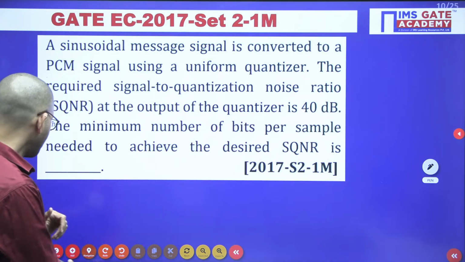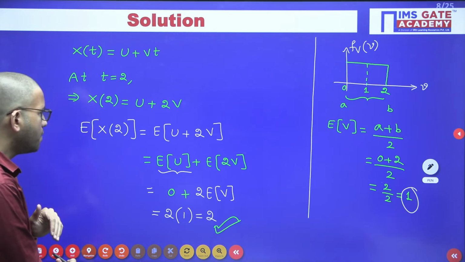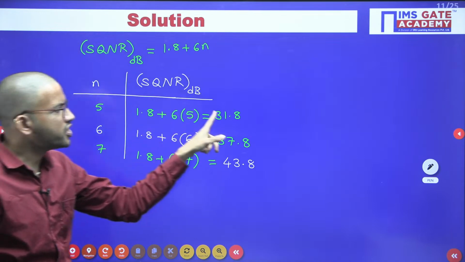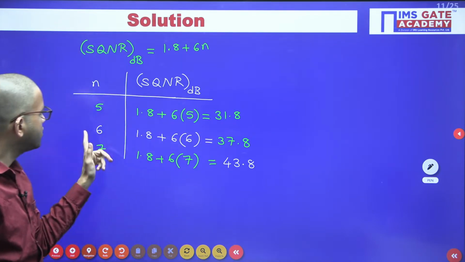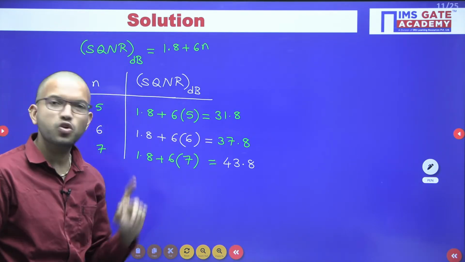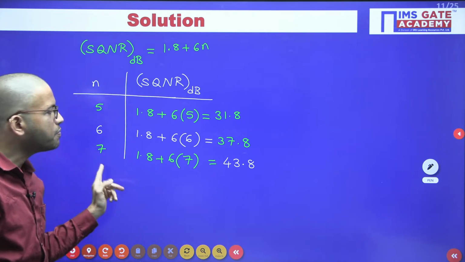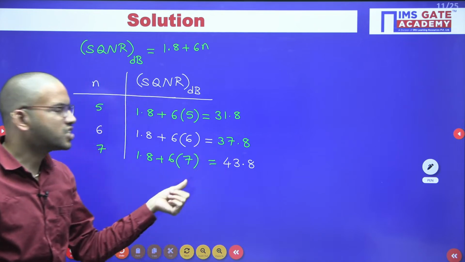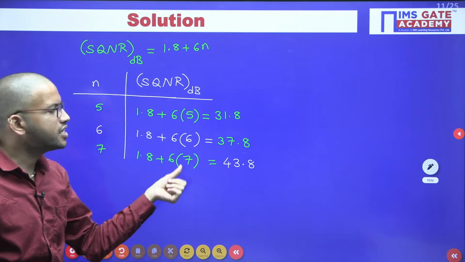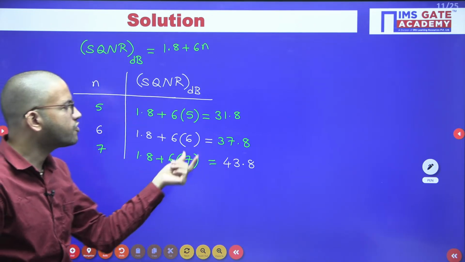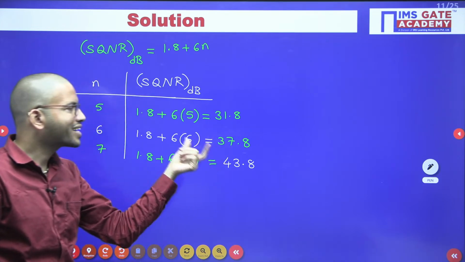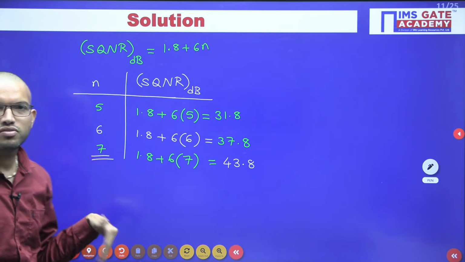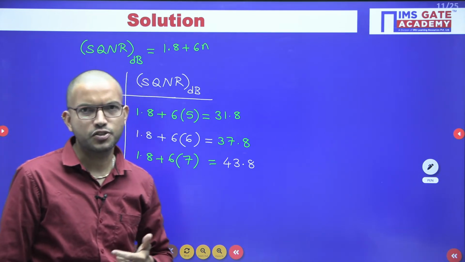With the help of 5 bits we are able to get only 31.8, with 6 bits only 37.8, whereas with 7 bits we are able to get up to 43.8. But in this question the requirement regarding SQNR is 40 dB. So obviously we cannot get 40 dB with 6 bits, so we have to consider the 7th bit also, right?